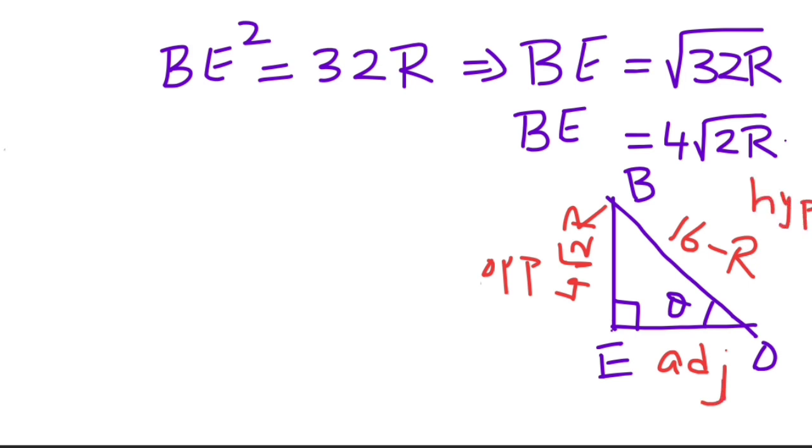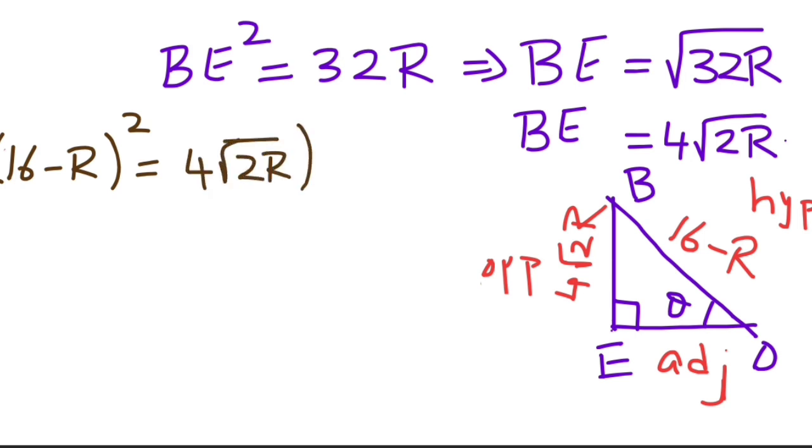So we can use the Pythagoras formula here: hypotenuse square, that is (16 minus r) whole square, is equal to opposite square, which is (4 root 2r) whole square, plus adjacent side square, which is OE. OE is nothing but r, that is r square. If you expand this, it is in the form of (a minus b) whole square.